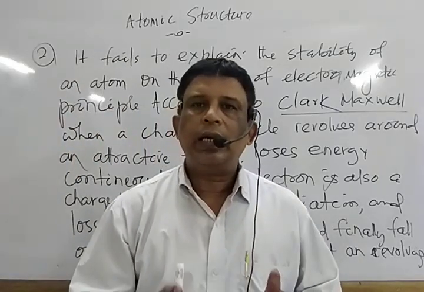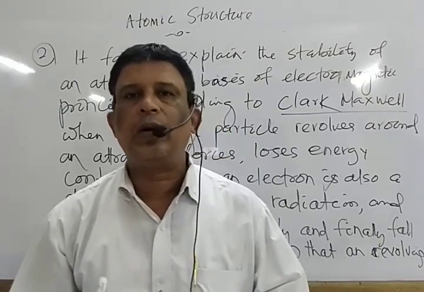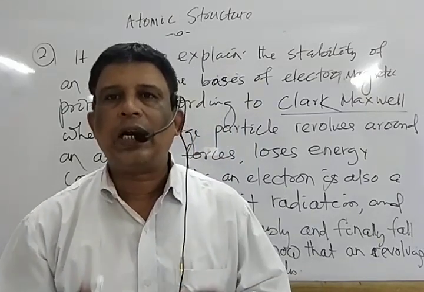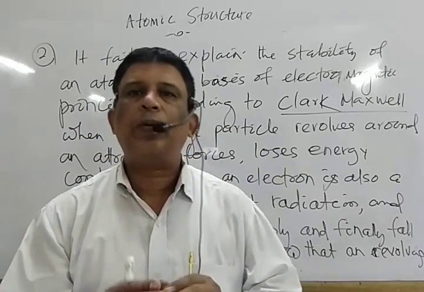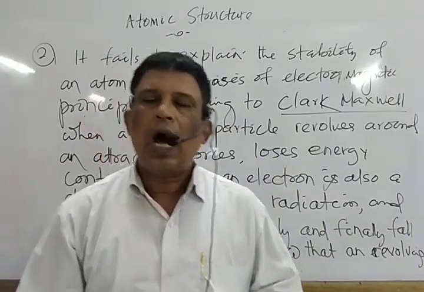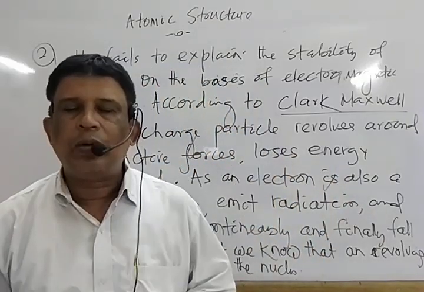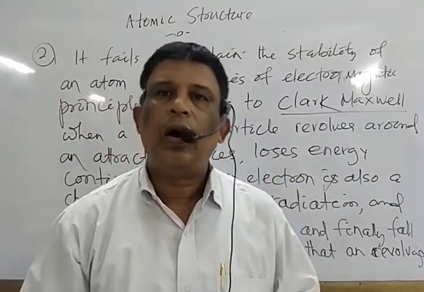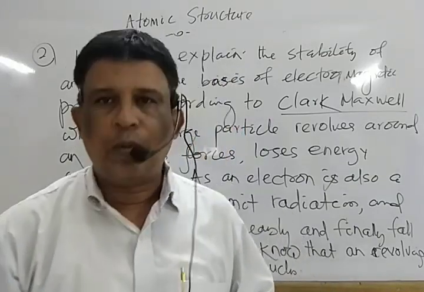Then what is Thomson's atomic model, what are the demerits of this model, what is alpha scattering experiment, what are its drawbacks, and based upon the alpha scattering experiment, how Rutherford was able to provide a little idea about the structure of an atom and what are the drawbacks of Rutherford atomic model.